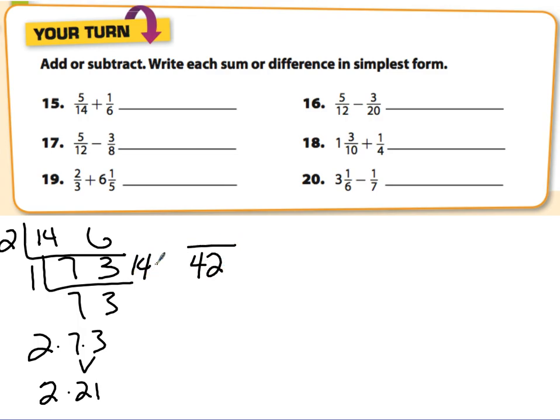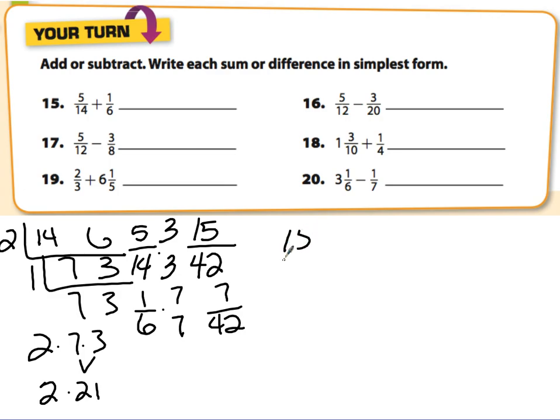What times 14 gives me 42? Well, I know that it's 3 because 4 times 3 is 12. Carry the 1, so I have to multiply by 3 up here, and I get 15. Then I have to do the same thing with 1/6. I know that I multiply by 7, so I have to do that on top. So I get 7/42nds.